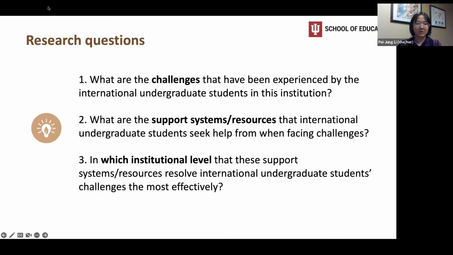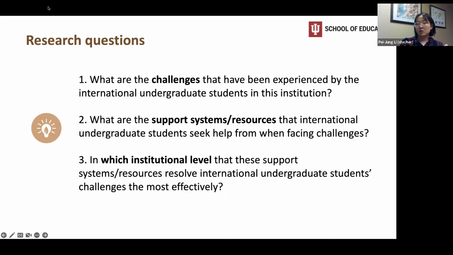Or if I were in a higher education major, then this support system is also very important for me to provide to policymakers in the future, to better refine institutional policy, right? That is one way to narrow down the research question from just generally caring about international undergraduate students to specifically which aspect I want to dive into. And of course, I also want to read the literature to achieve this narrowing process.